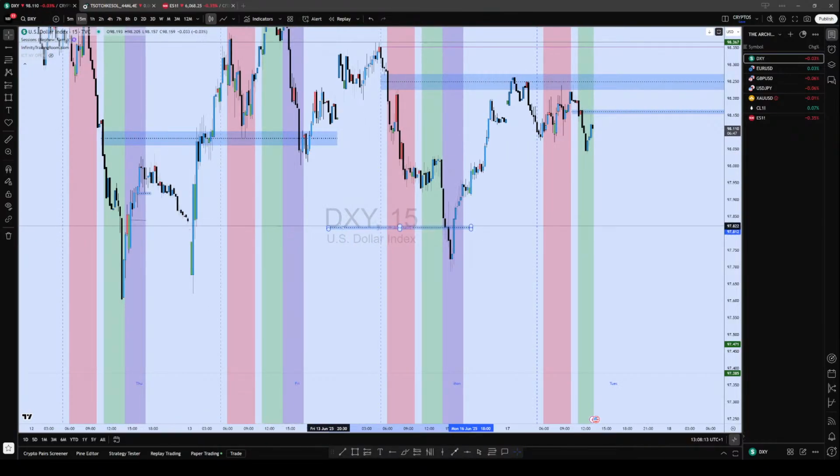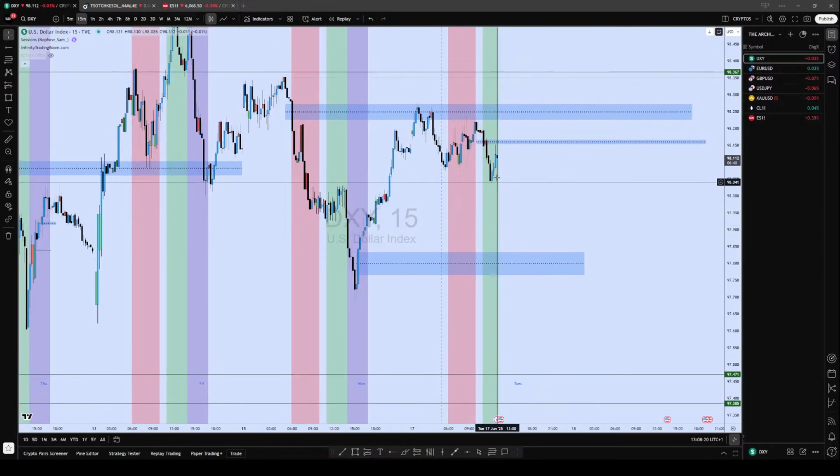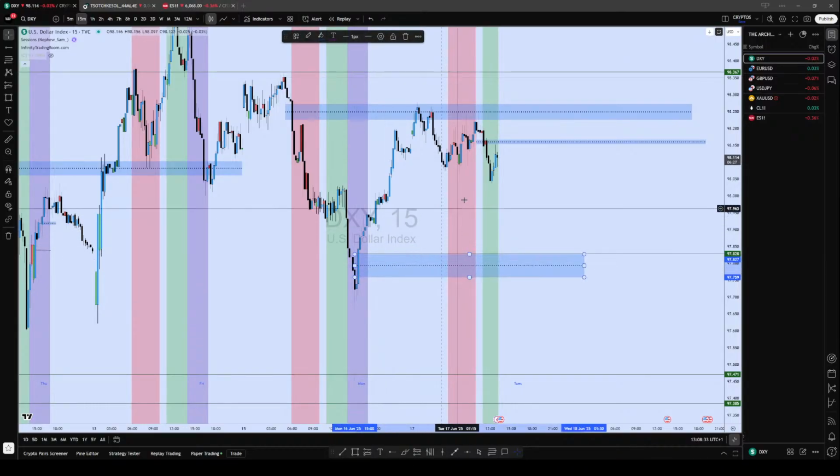Now with the expansion, I think they left an imbalance over here, so that will be the draw on liquidity for this afternoon. It comes in at 97.82. That will be the draw on liquidity from that imbalance.